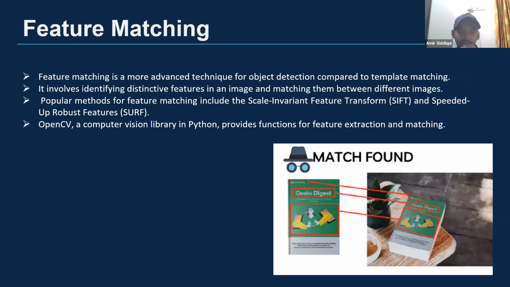Then we have feature matching. Now you see here we have a desk. On this desk we have a book. Then this is a pot, and this is a bowl, and inside this pot we have a tree. What we are doing here is feature matching.